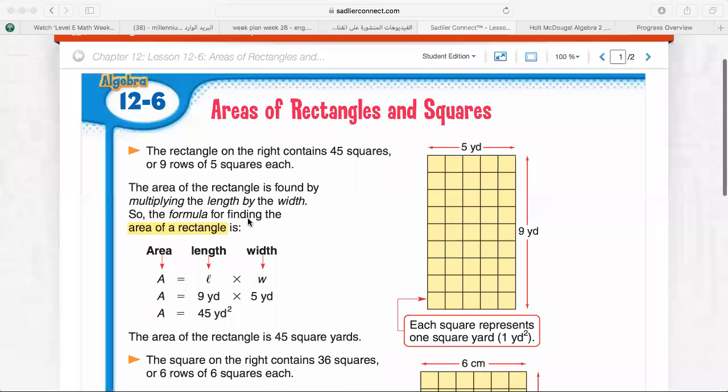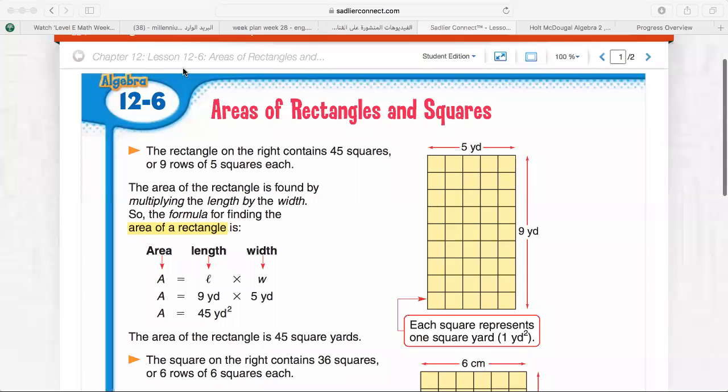So the formula for finding the area, A, is equal to length, L, multiplied by width. Again, the area of the rectangle is found by multiplying its length by its width.